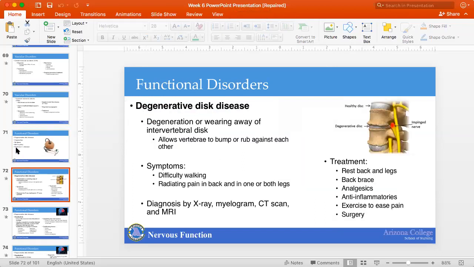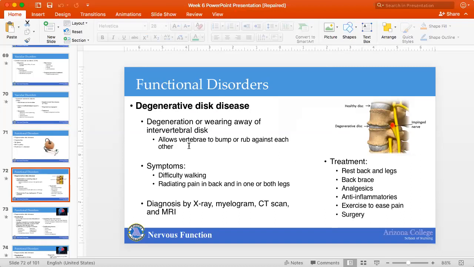So degenerative disc disease, or this wearing away of the intervertebral disc. You can see this normal healthy disc size. If you have a degenerative disc, it actually starts to lose its size. Part of the reason people who are aging are shorter now is that their intervertebral discs are starting to compress down, and it could get to the point where it's so compressed it becomes a degeneration.